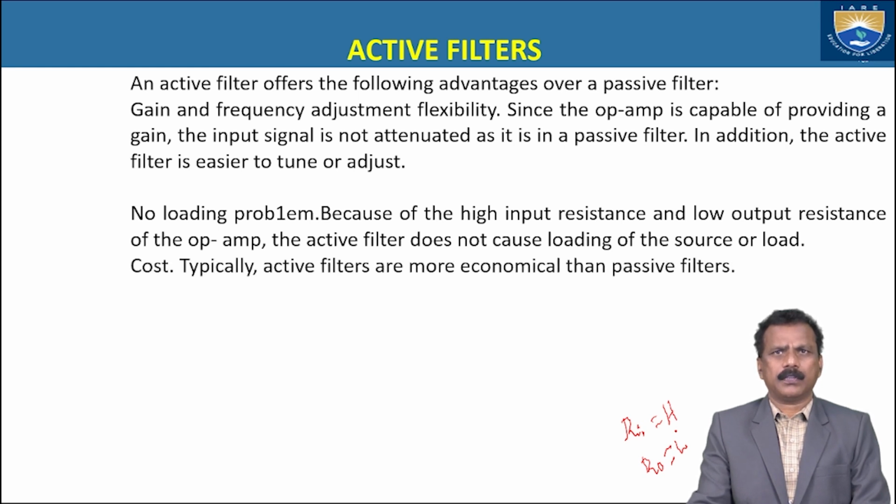Okay. The other thing is cost. Typically, active filters are more economical than passive filters. So we know that all of this is based on the cost, and also on other parameters like reliability.